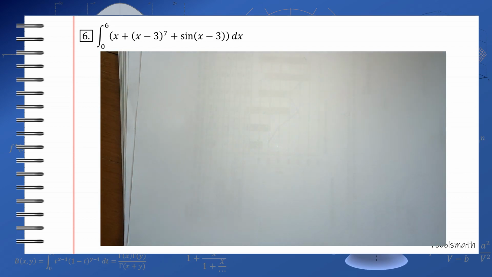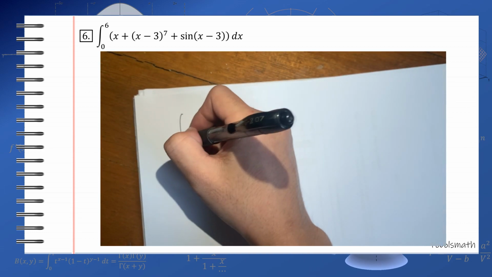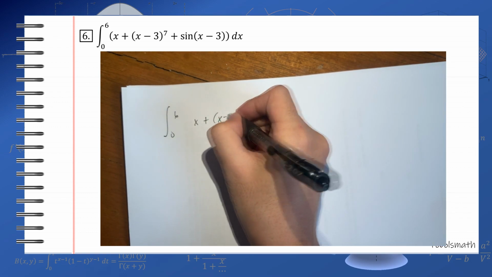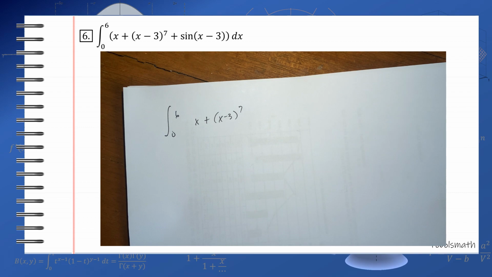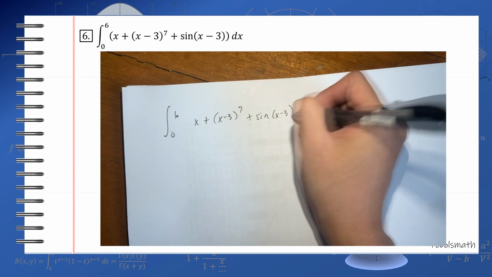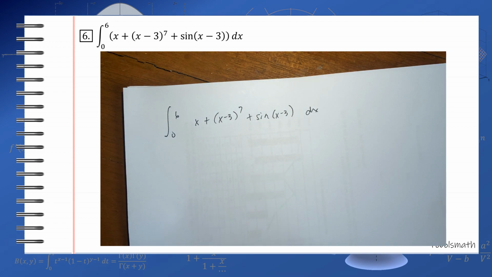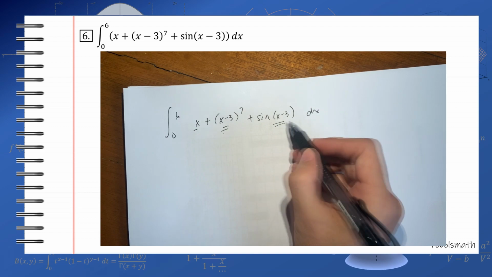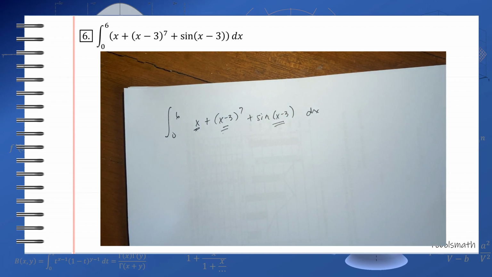Next, number 6. It's 0 to 6 of x plus (x minus 3) to the 7 plus sine of (x minus 3) dx. Individually, these terms are easy to evaluate, but I don't want you to do that because there's something pretty about this problem.